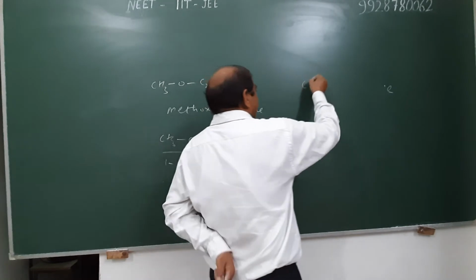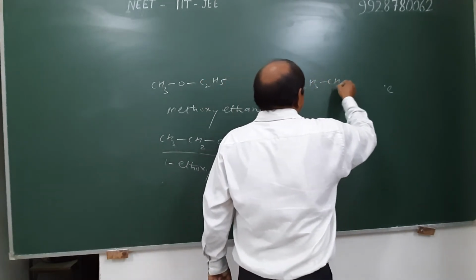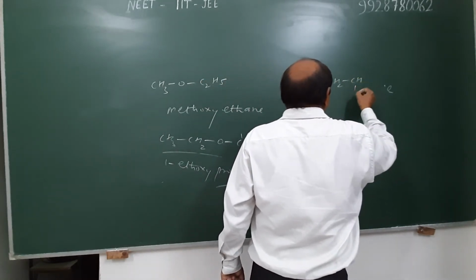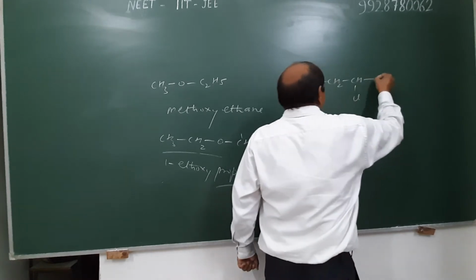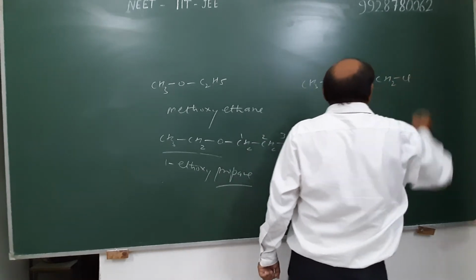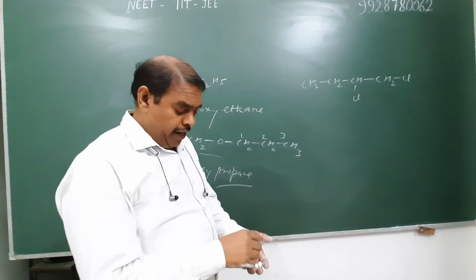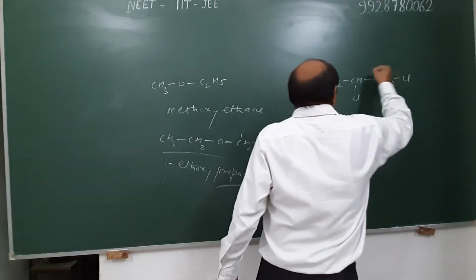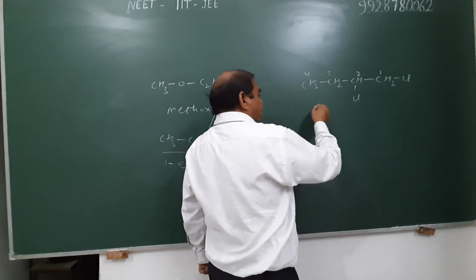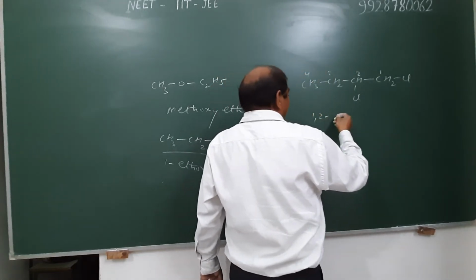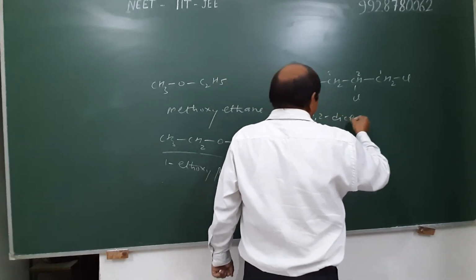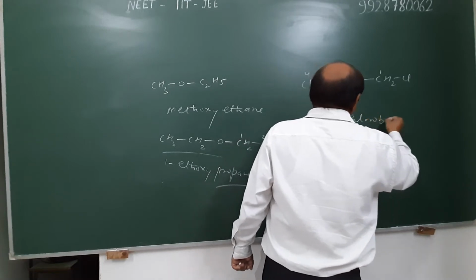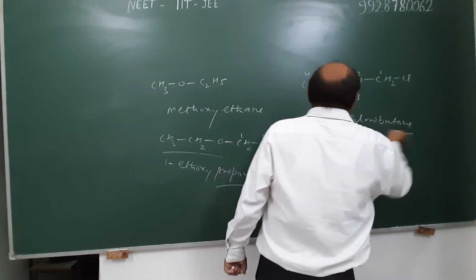Similarly, in this compound we write the name of the substituent first, then write the principal word. Therefore this compound is 1,2-dichlorobutane, and that is its IUPAC name.